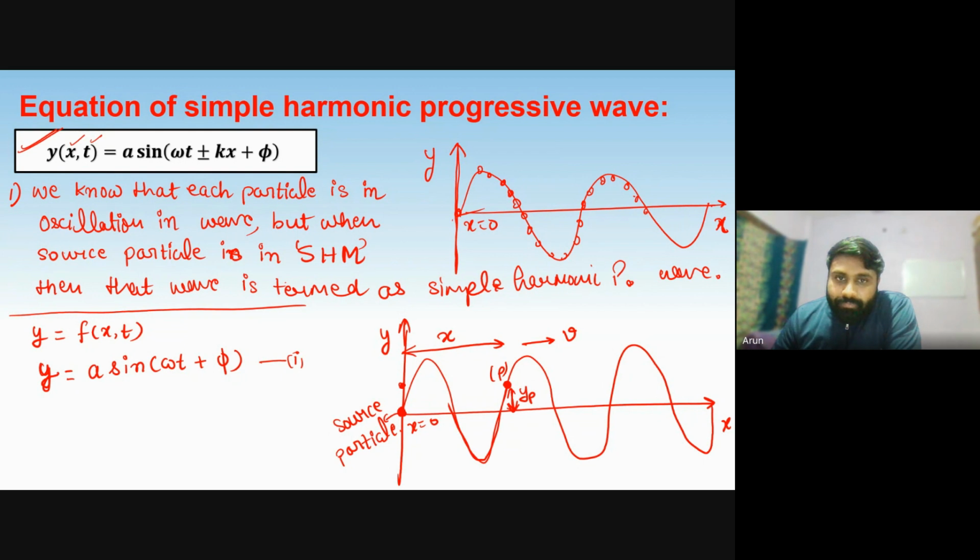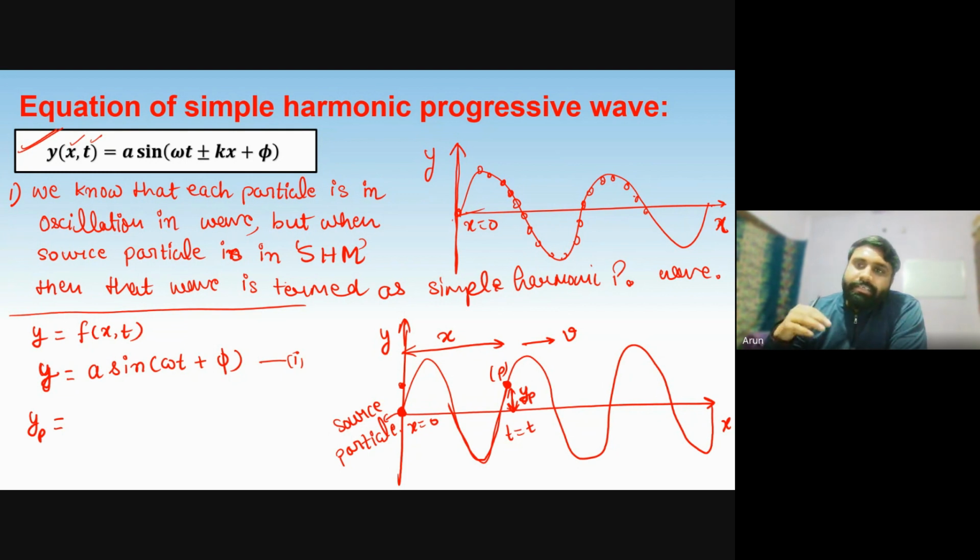So because we can write the equation of the source particle, if somehow we relate the source particle displacement with this particle displacement, we are able to find out the equation. Got it? Now we will write yp, the displacement of this particular point. Now we can say that at time t is equals to t, this particle is at this position.